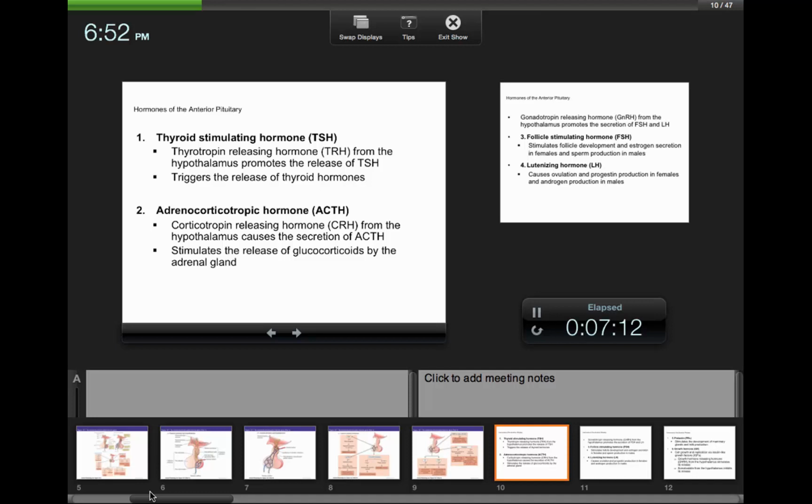That's the big question. What does T3 and T4 do? Actually, what it does is it sensitizes the cells to epinephrine. So now the cells are more sensitive to epinephrine.